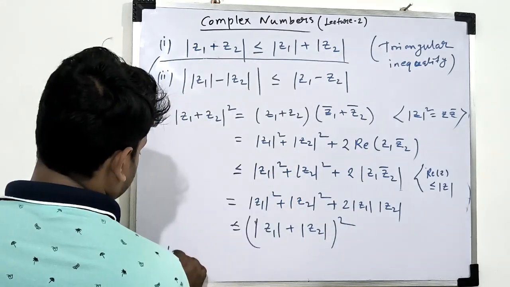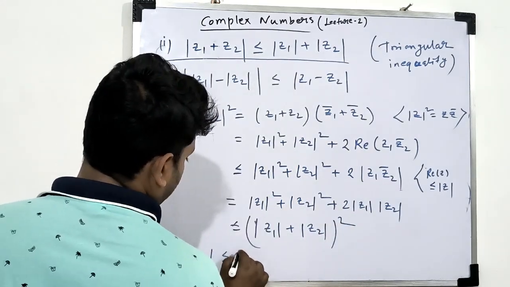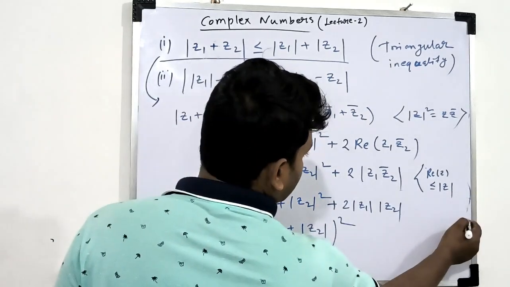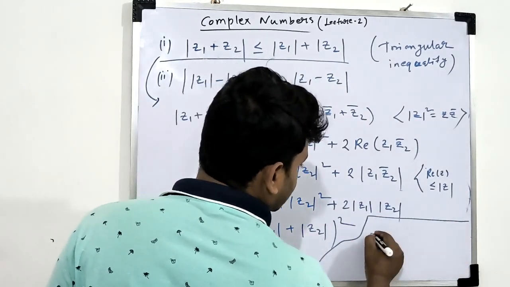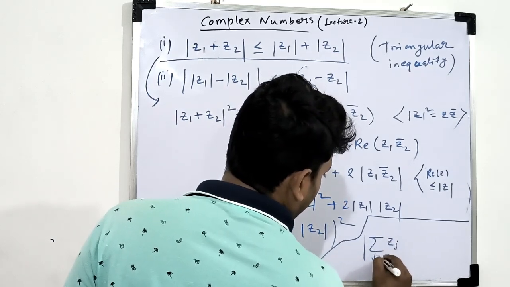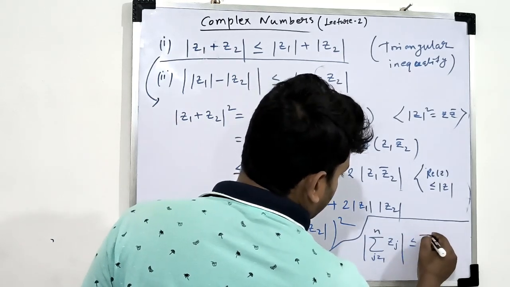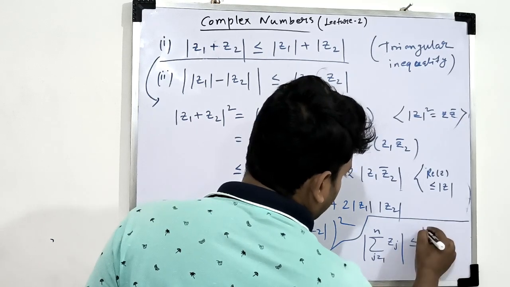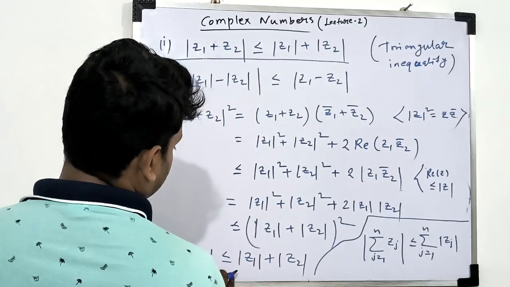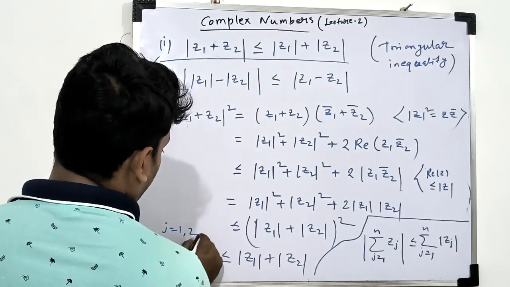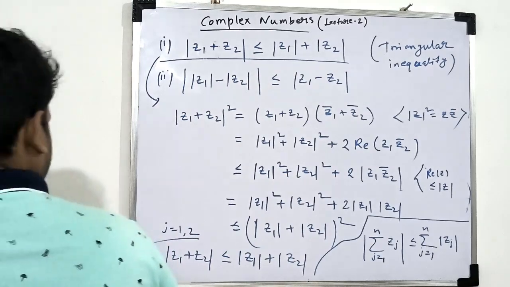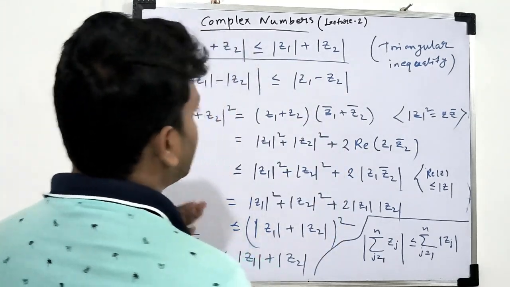So this can be written as mod (z1 + z2) less than or equal to mod z1 plus mod z2. In a general way, we can write modulus of summation zj, j equal to 1 to n, is less than or equal to summation of modulus zj, j equal to 1 to n. So this is for j equal to 1 and 2 only, and here for j equal to 1 to n. This is the proof, and the triangular inequality can be explained geometrically.